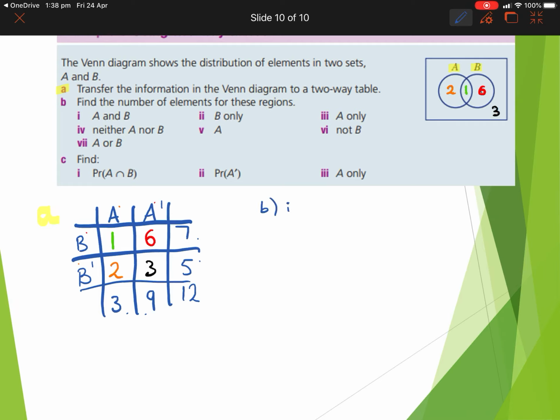So for B, we want, what's the number in A and B? Okay, it's 1. A and B, so it's 1. 2, B only. Okay, B only would be 6.